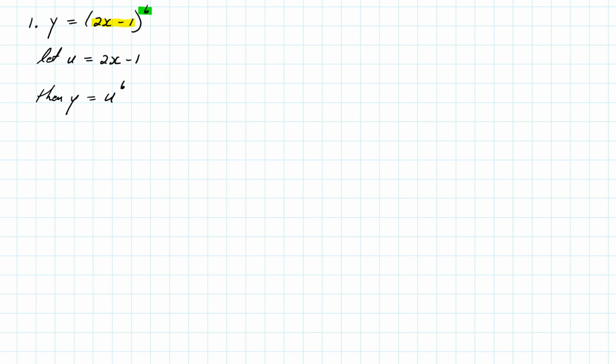Now, if u is equal to 2x minus 1, we have to take the derivative of u with respect to x, and to do that we look at the second rule on our sheet.